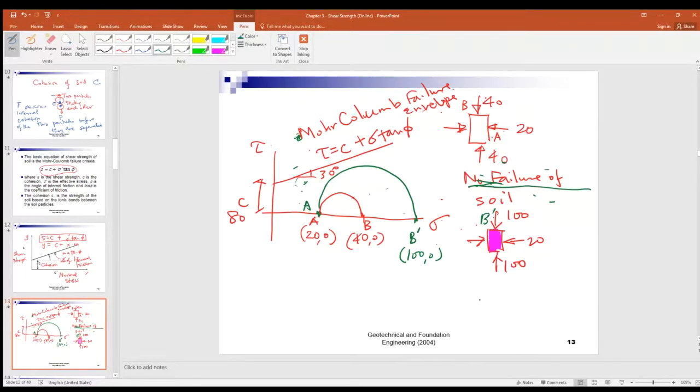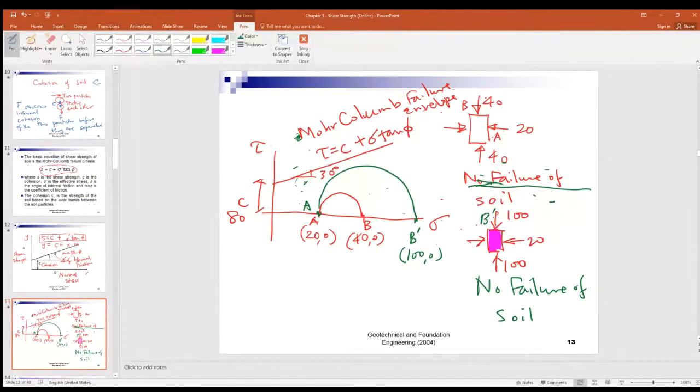Will this soil fail? Again, no failure. Why? Because it's still below the Mohr-Coulomb failure envelope.